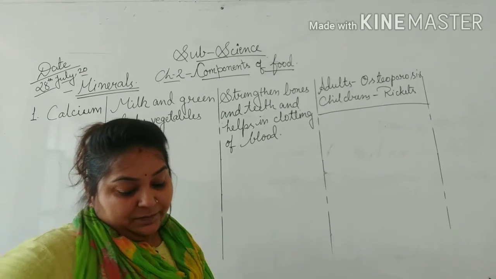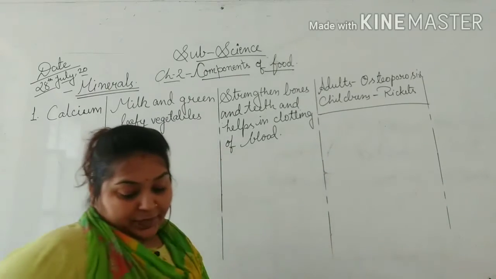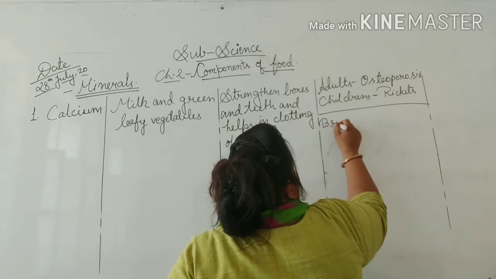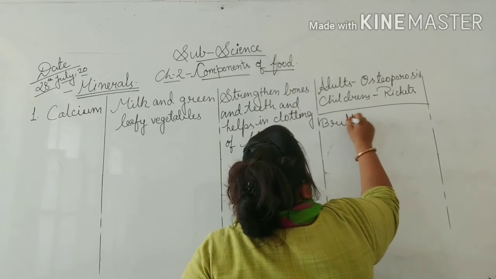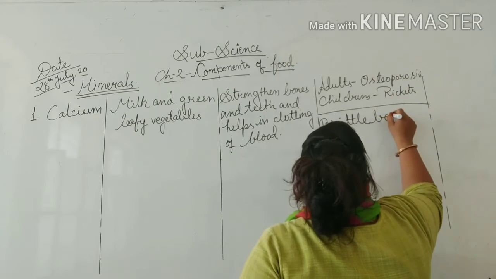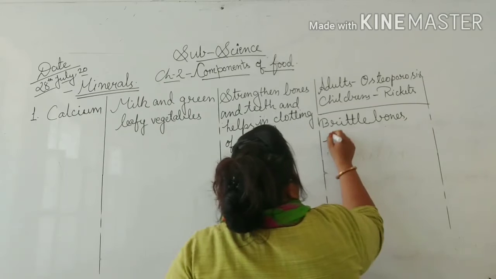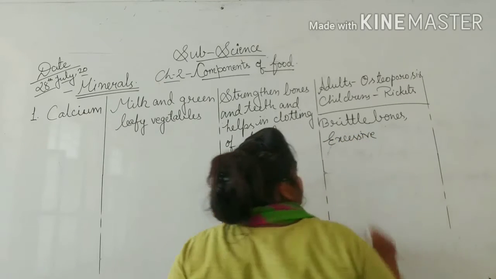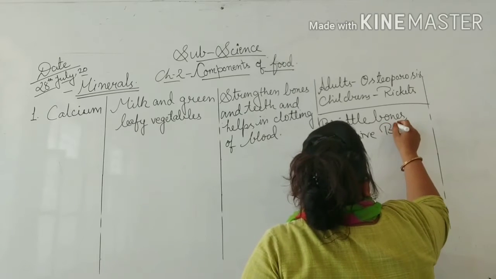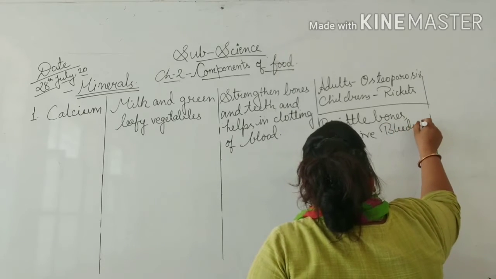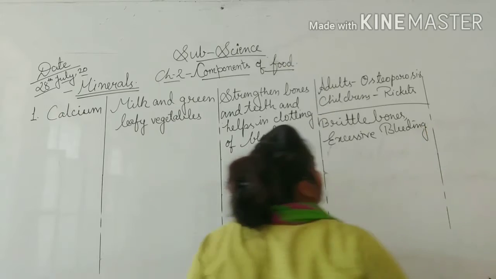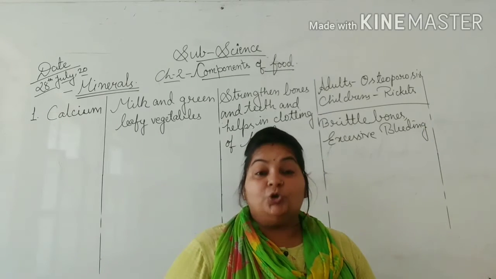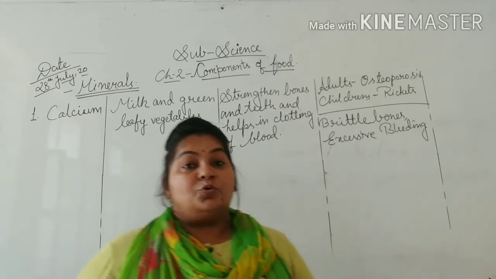The symptoms are brittle bones, excessive bleeding, and so on. Many are there in the books if you go through them. That is stunted growth, weak teeth and bones.